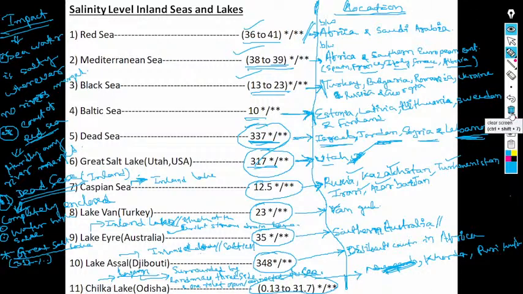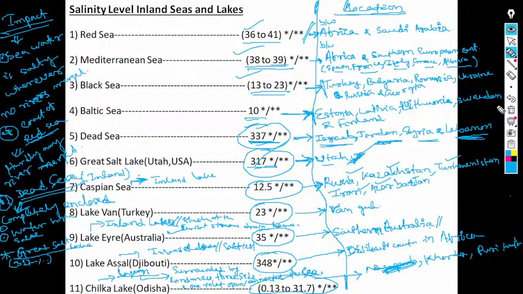Lots of rivers are drained into there, so this makes the water more saline. That is the main reason why Chilka Lake is a bit brackish.